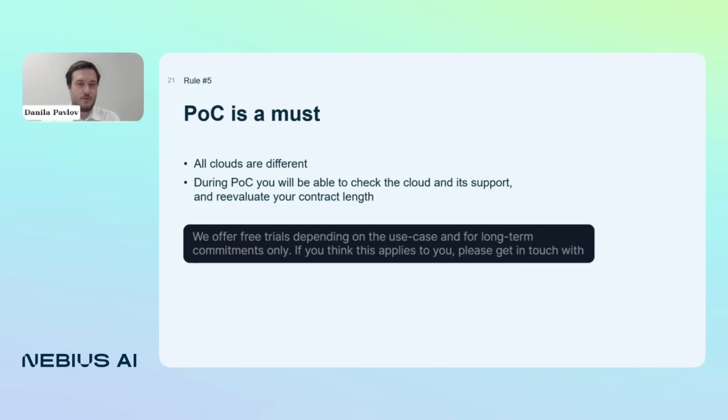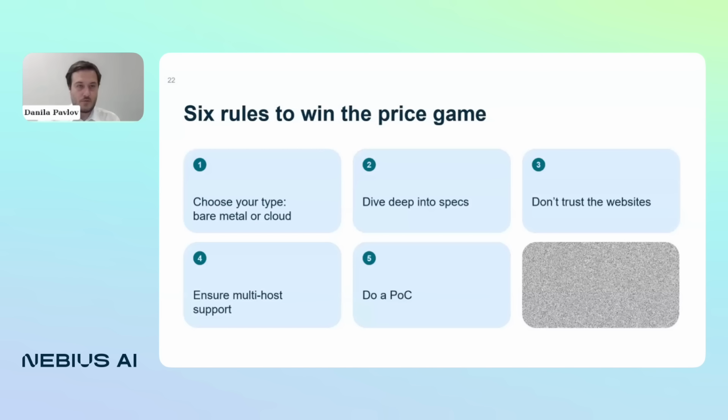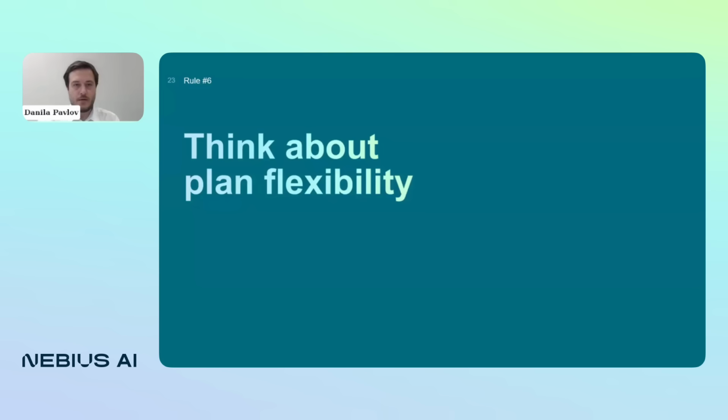And again, not all clouds give a POC. As an example, I provided on the screen one of our competitors who offer free trials, but depending on the use case and depending on the long-term commitment. So rule number 5 is to do a POC.